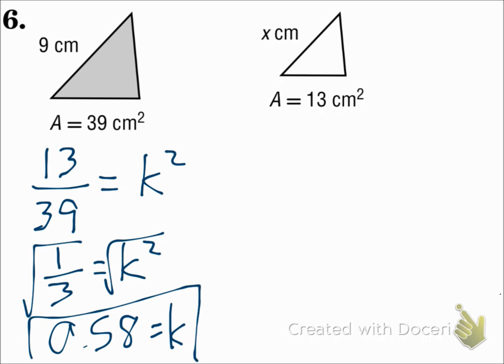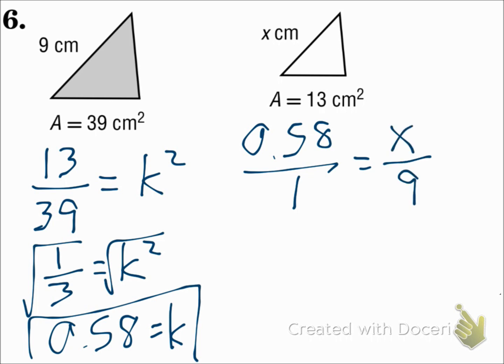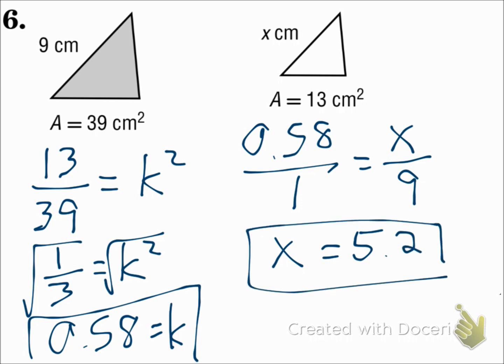Since k isn't a fraction, we can put it over 1 to make it a fraction. That's unshaded over shaded. So for the side lengths, that equals unshaded over shaded. Cross multiply. 1 times x is x. 0.58 times 9 is about 5.2. So area over area equals k squared. Solve for k, then use k to find x.